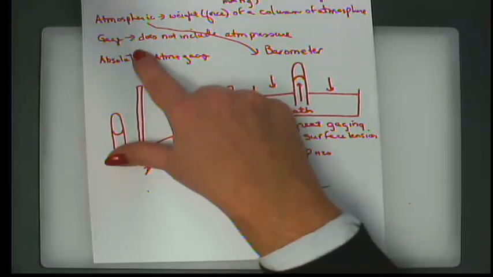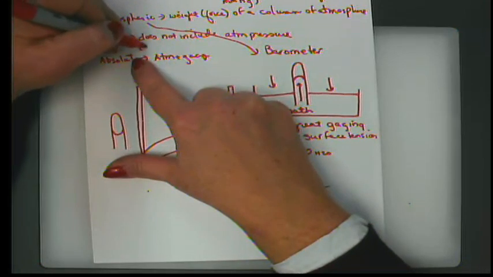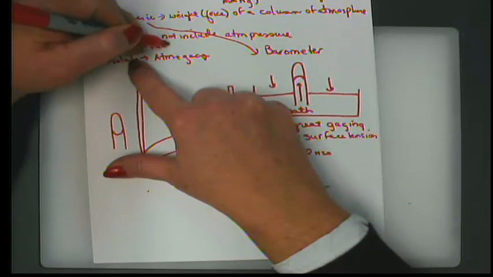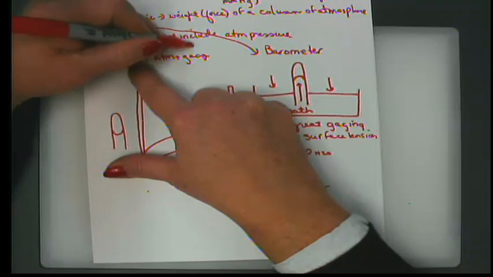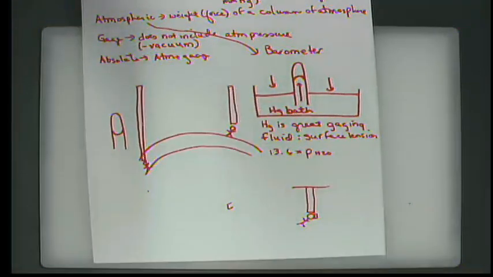Now, gauge pressure can be negative, which indicates a vacuum. So if you have a negative gauge pressure, it just means that you're operating in a vacuum. Now, the interesting thing about that is atmospheric pressure and absolute pressure can never be negative. Doesn't make any sense. If it were, we'd get whooshed to wherever it wasn't negative anymore.